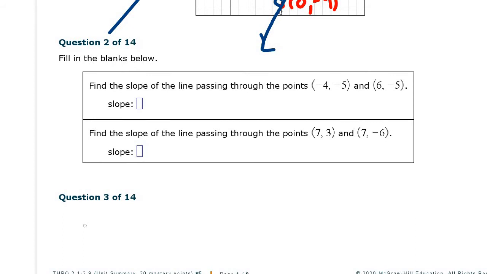Find the slope passing through these points. Slope is y minus y over x minus x. Y minus y, left to right, over x minus x.